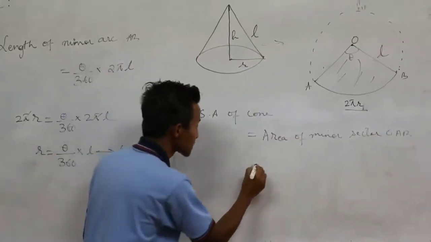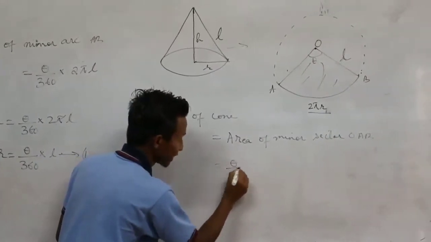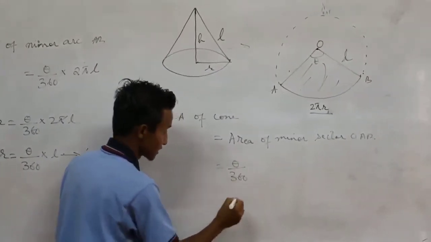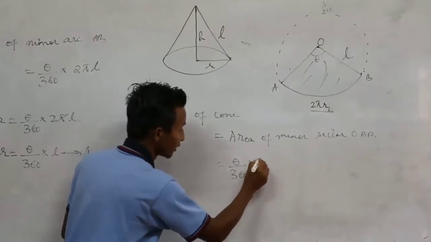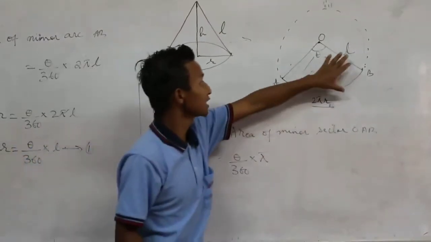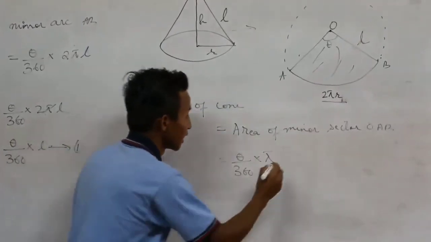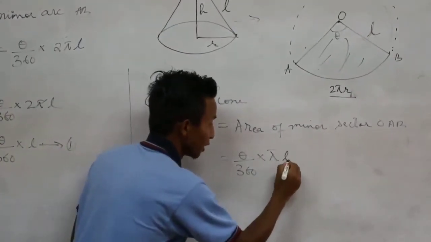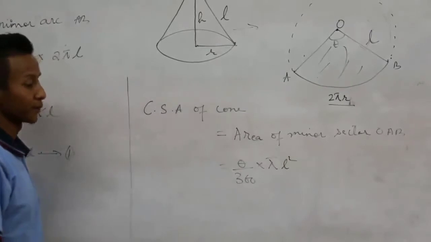So the formula is given by theta by 360 into pi radius square, but the radius here is equal to L.